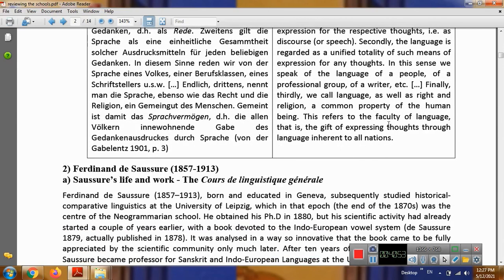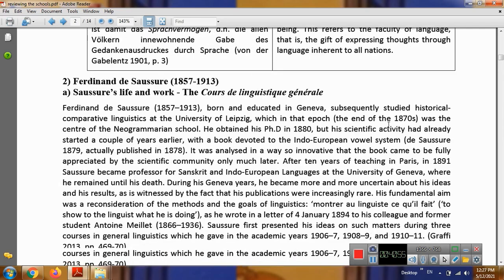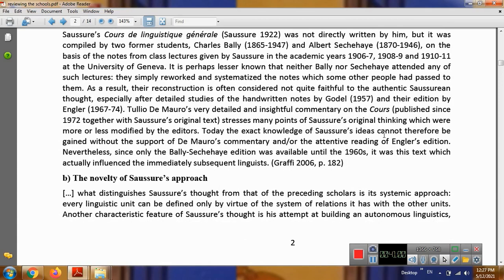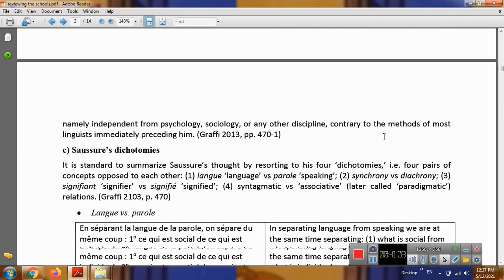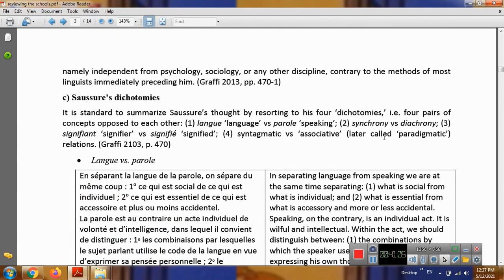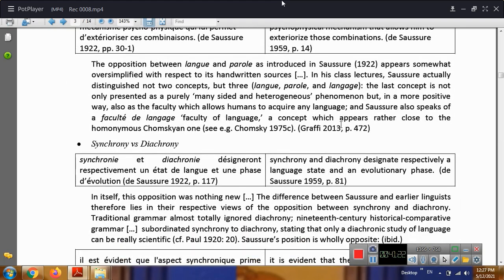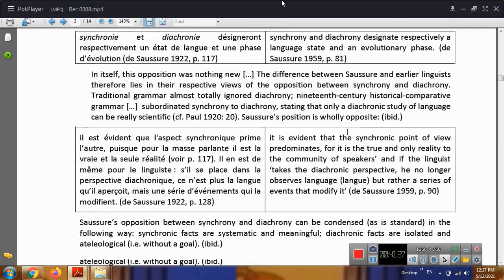And we read about Saussure's ideas and principles, about his book, and about Saussure's dichotomies, which were four: language versus parole or speaking, synchronic versus diachronic, signifier versus signified, and syntagmatic versus paradigmatic or associative. We read about them, and we gave you the important matter about each of them.